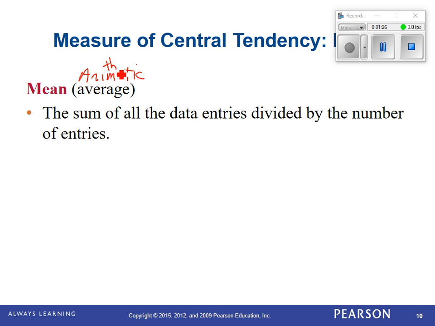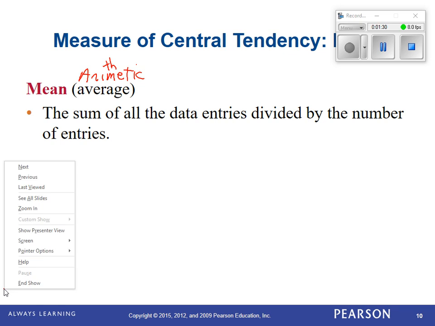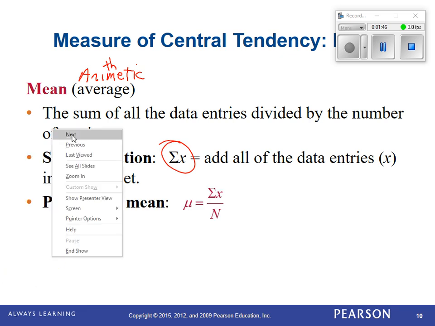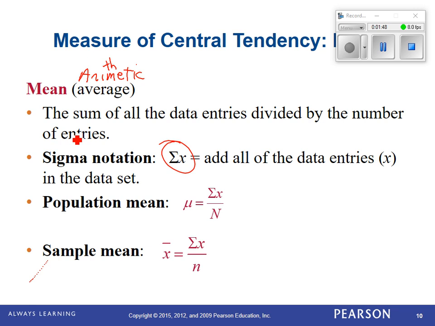So it's the arithmetic average, sum of all the data divided by how many of them there are. Sigma notation, remember that's just when you're adding everything up. That E looking thing, that's the sigma. Two real important things, I think we said this last time.